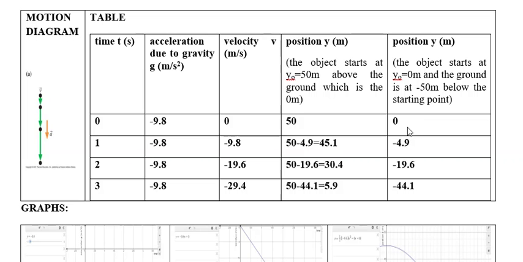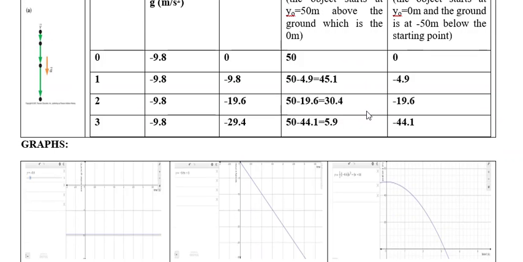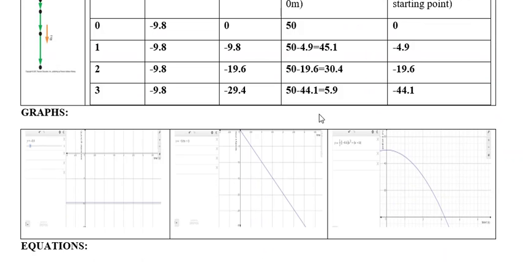For my graphs, I considered that the ground is 0 and my initial position is 50 meters above the ground. In this case, we see that the acceleration-time graph is a constant negative 9.8. The velocity increases from 0 with negative values.